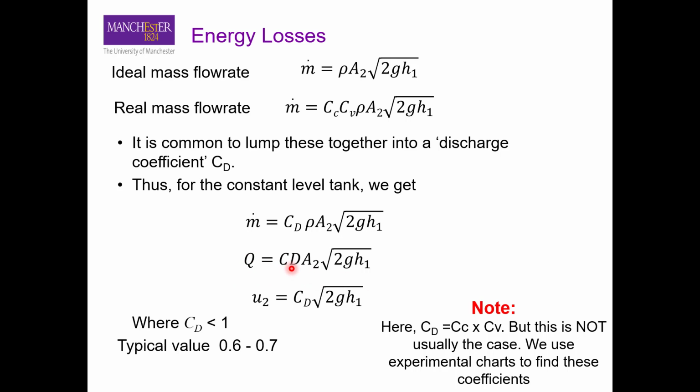So here that is CD, it should be in subscript. And then if you divide by the cross-sectional area, you get your U2, that is the non-ideal or real velocity of your system. Okay. And the CD value is less than 1, and typically the value of CD is 0.6 to 0.7. Okay. So this CD is a coefficient to account for the non-ideality of your system.